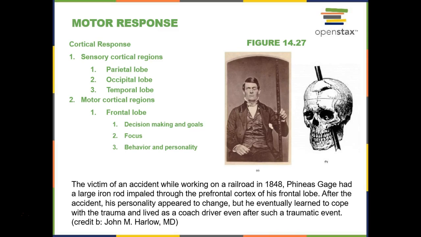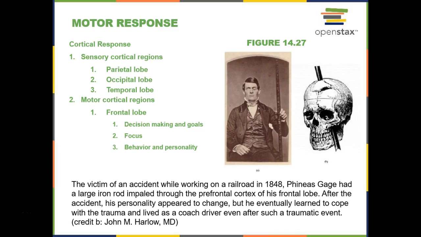Eventually, though, he was able to overcome this accident, and he became a very prominent stagecoach driver. So he became a good person. He wasn't angry anymore. What this shows is that your brain can eventually, I won't say heal itself, it's not like he got new neurons growing, but it can fix itself to the point where other regions can take over.